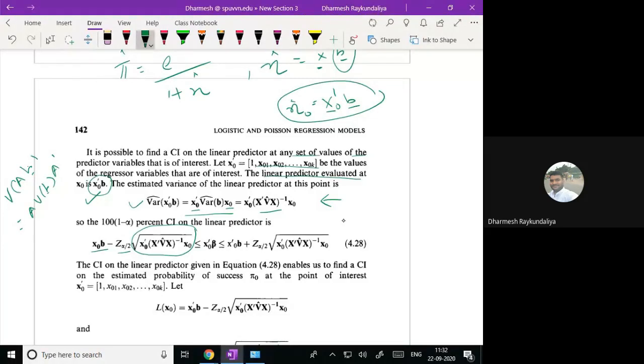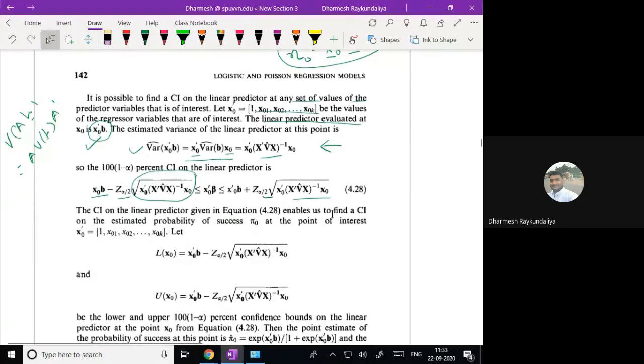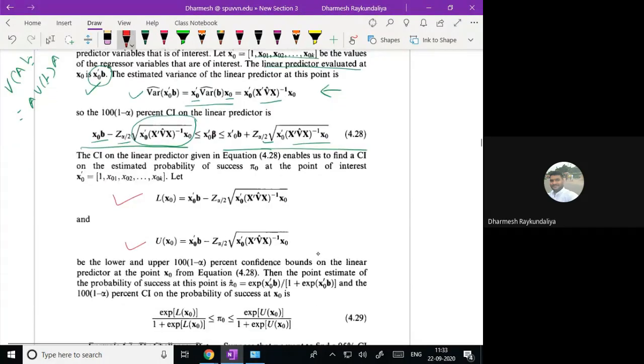Similarly, the upper bound is x0 dash b, that is, the estimate plus the test statistic times the corresponding standard error. This gives the 95% confidence interval of the linear predictor. This is the lower bound and this is the upper bound. They are denoted as L(x0) for the lower bound and U(x0) for the upper bound. Now if I wish to calculate the probability, what is the estimated probability at eta 0?